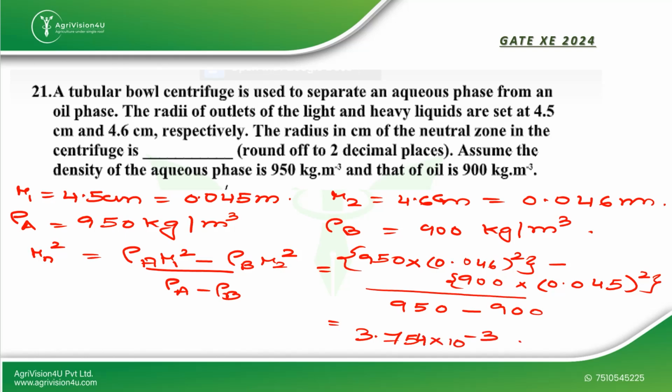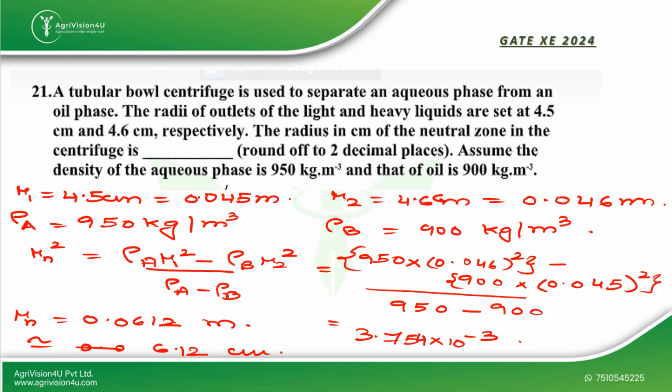Now this is R square. We have to calculate R. So it is 0.0612 meter. So in centimeter, it will be 6.12 centimeter.